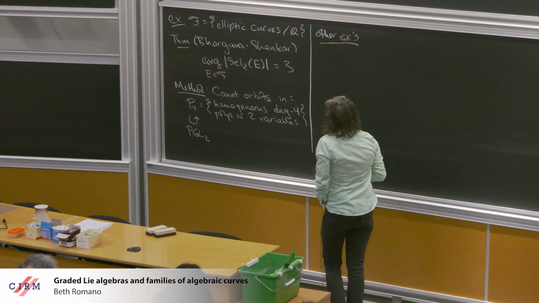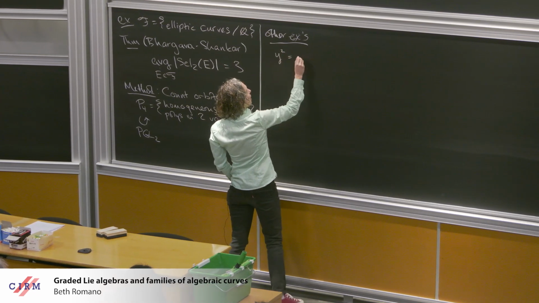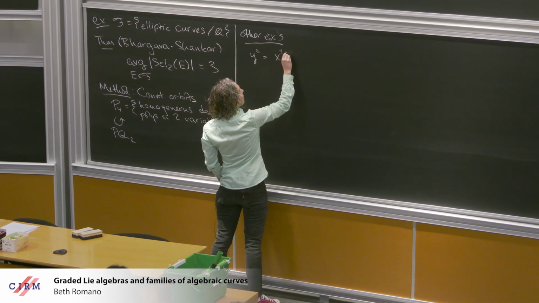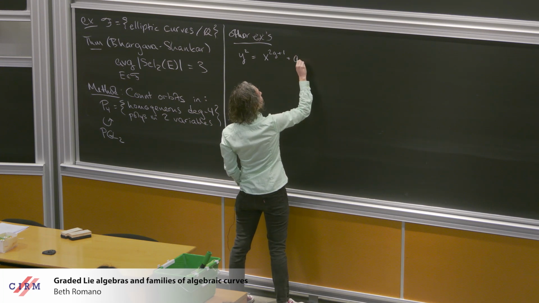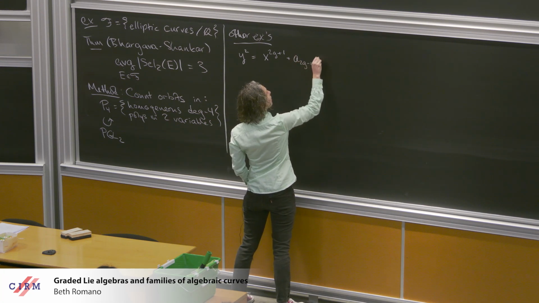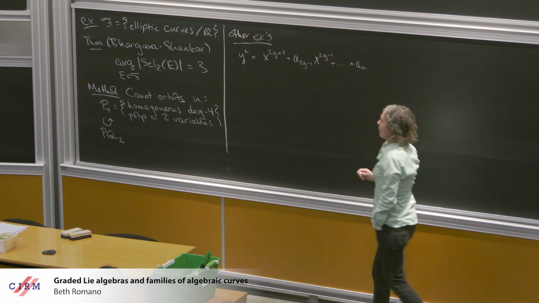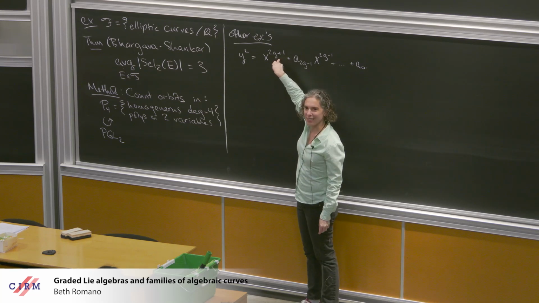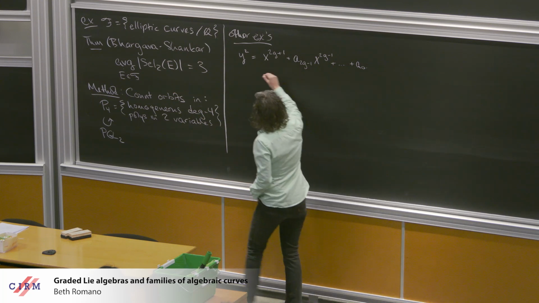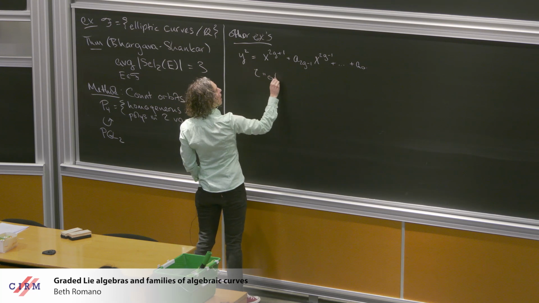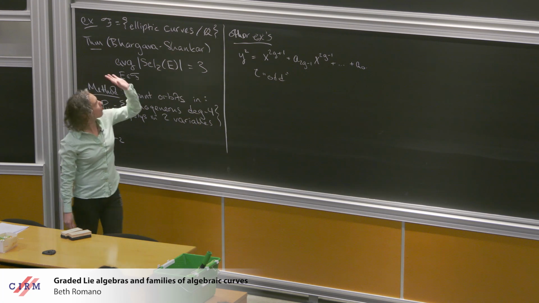When I say odd hyperelliptic, I just mean that it's given by an equation y squared equals x^(2g+1) plus, say, a_(2g-1) x^(2g-1) and so on. The odd just refers to the fact that this exponent is odd.